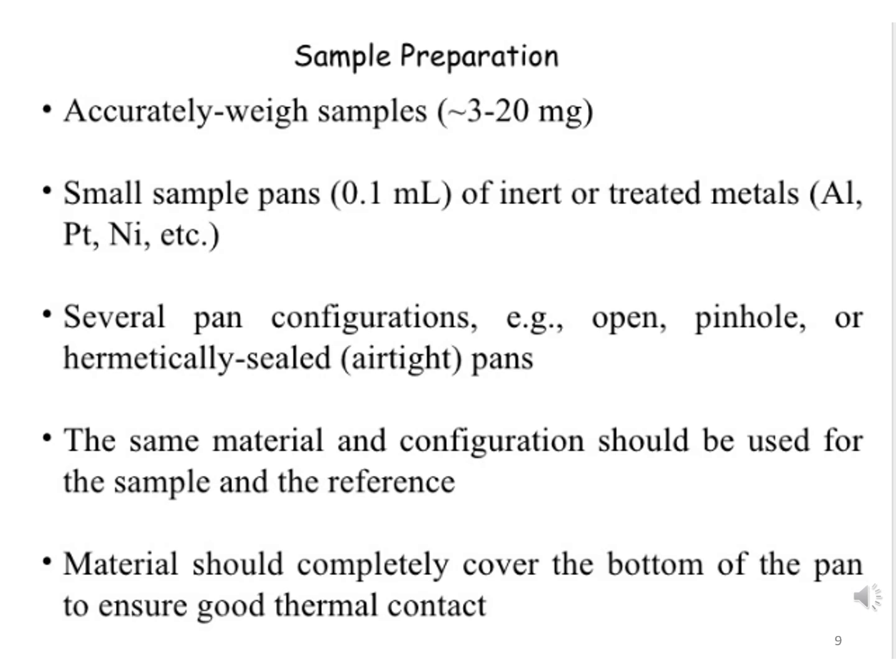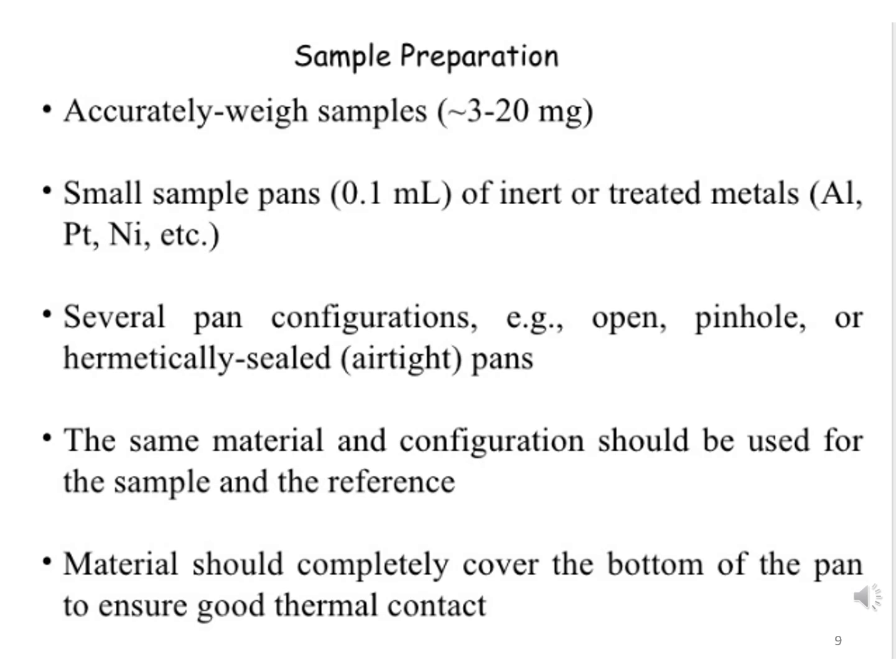It's easy to place in the pan, and then we can put it directly into the crucible or pan. First, we have to accurately weigh our sample, approximately 3 to 20 milligrams.